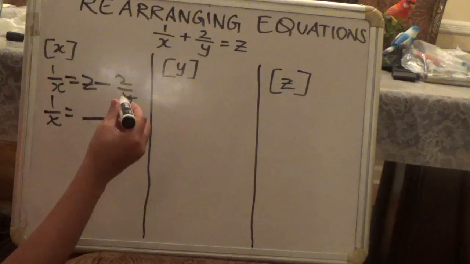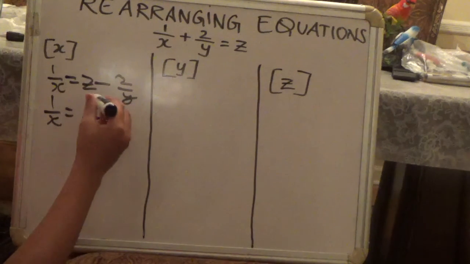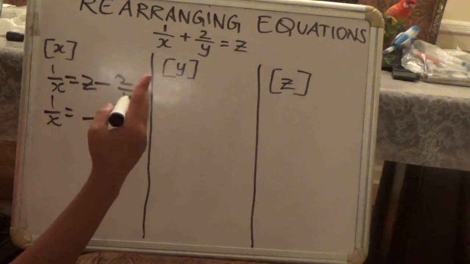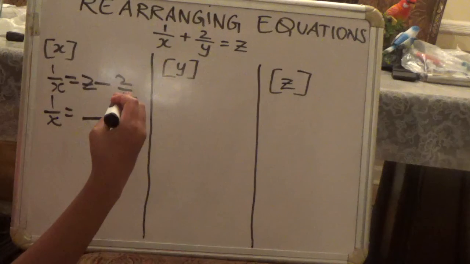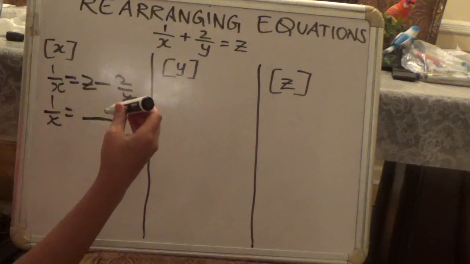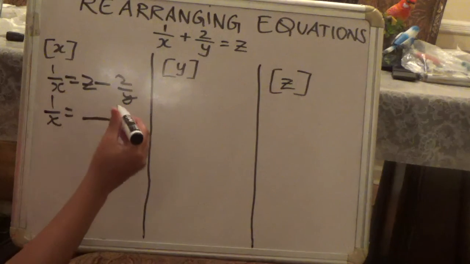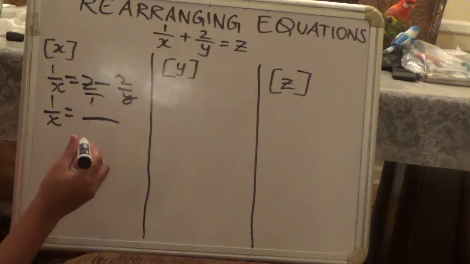So z over 1 minus 2 over y. Y and 1 don't have any factors, so we just multiply them. Whenever you have two denominators with no greatest common factors, you just multiply them. So y times 1 is 1 because z over 1. Okay, you get the idea?